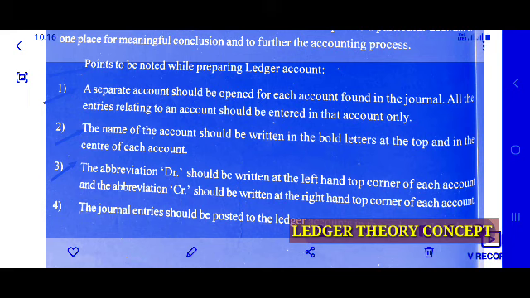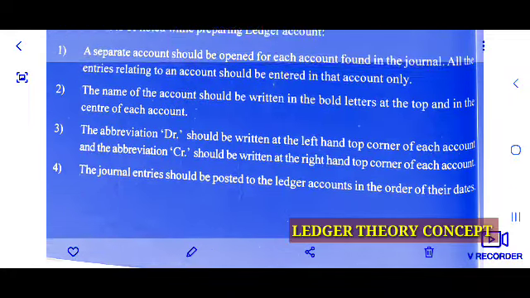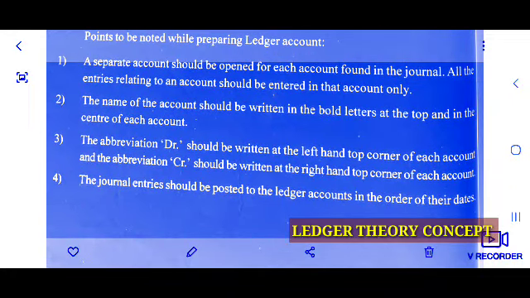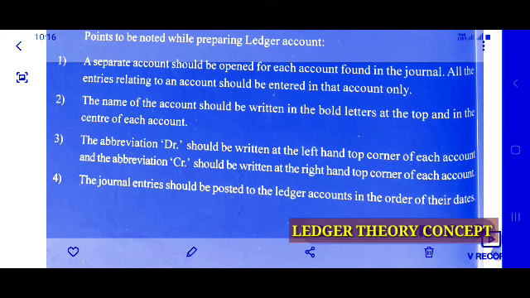And abbreviation debit should be written on the left side, that is top of the corner of each account, and credit side should be written at the right hand top of the corner. Next, the journal entries should be posted to the ledger accounts in order of their dates.